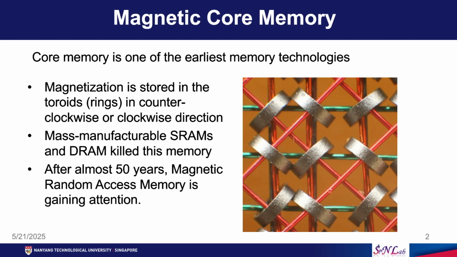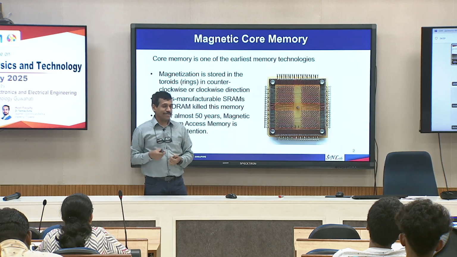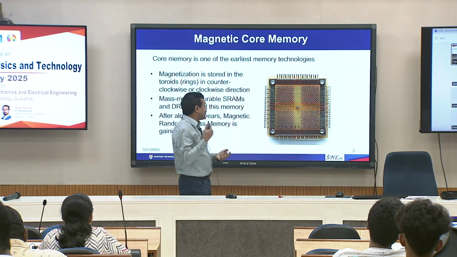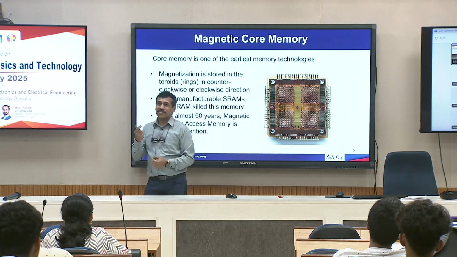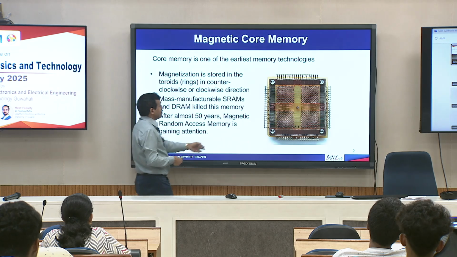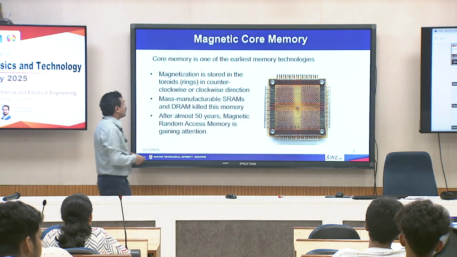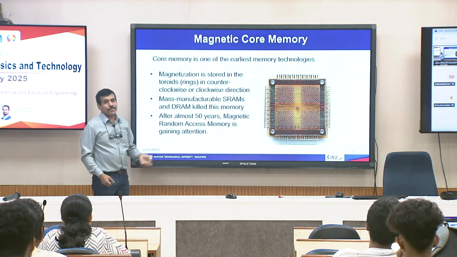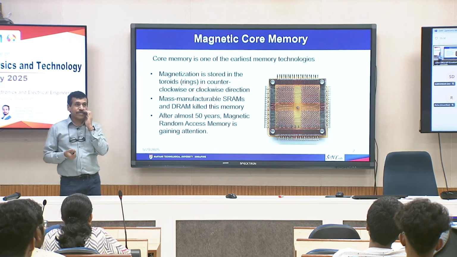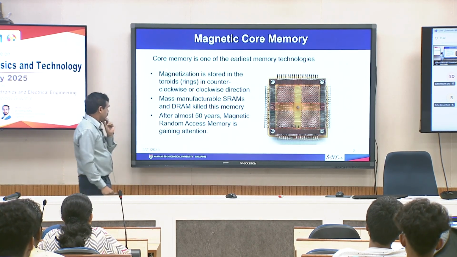These things were made by hand, like people make sweaters. People used the toroidal rings and copper wires and made these memories by hand, a kind of handicraft memory. But once we could make SRAM and DRAM by lithography, mass manufacturable, this memory died.